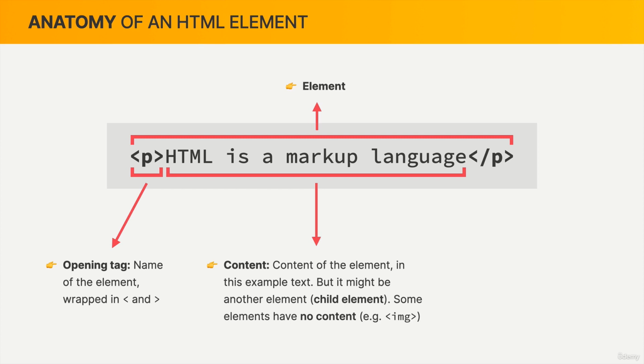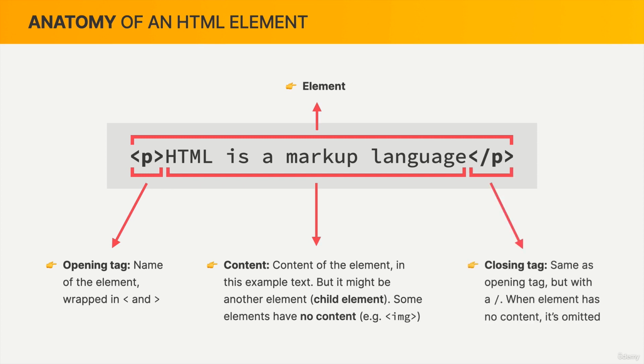All of this will become very intuitive as we start writing HTML. This is just so that you know what I'm talking about when I speak of opening tag or closing tag or content. And speaking of the closing tag, it is basically the same as the opening tag, but with a slash. So we open this paragraph element with the P, and we then close it with /P.